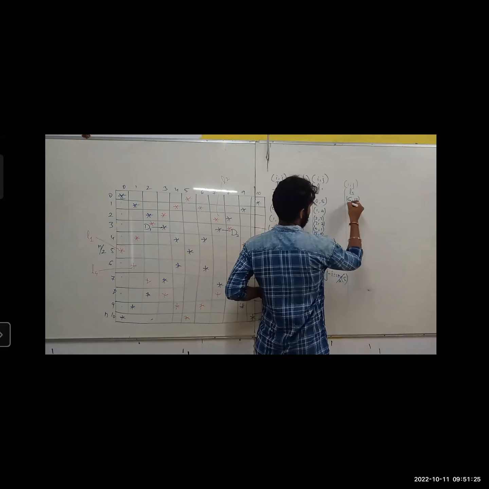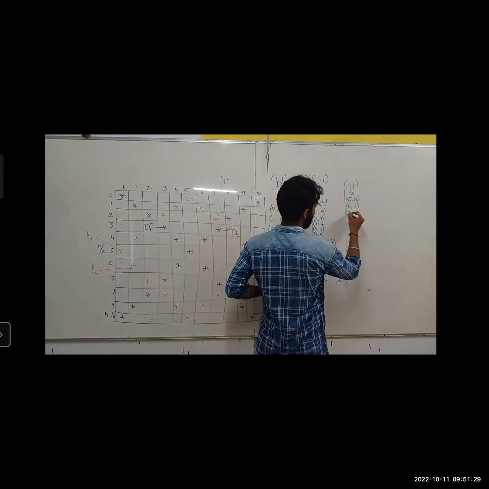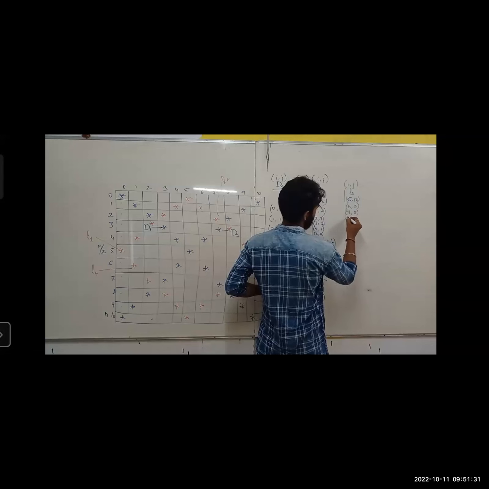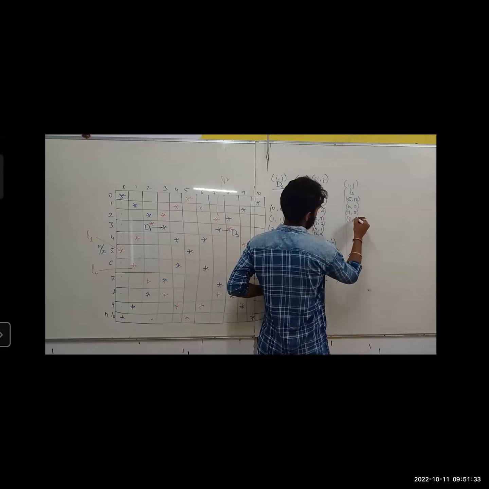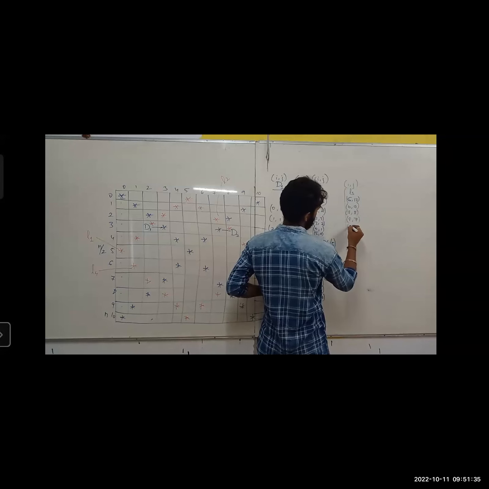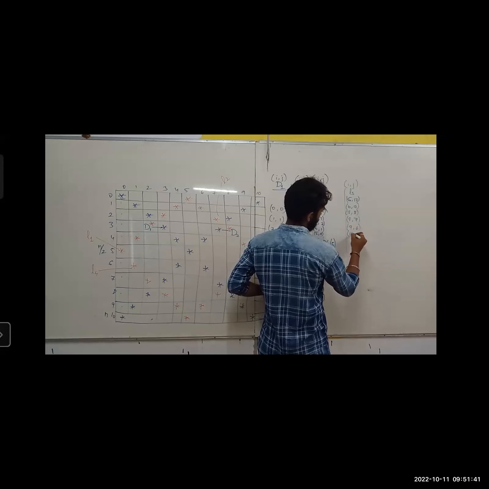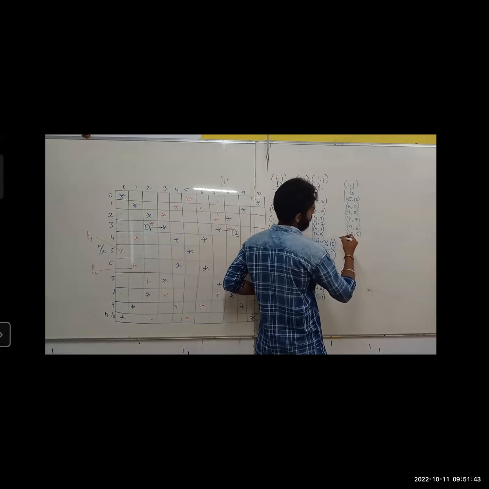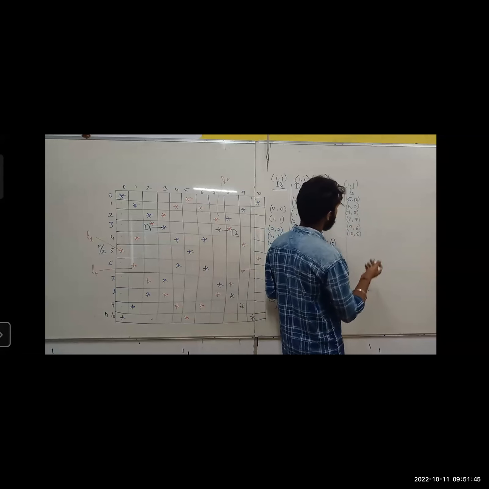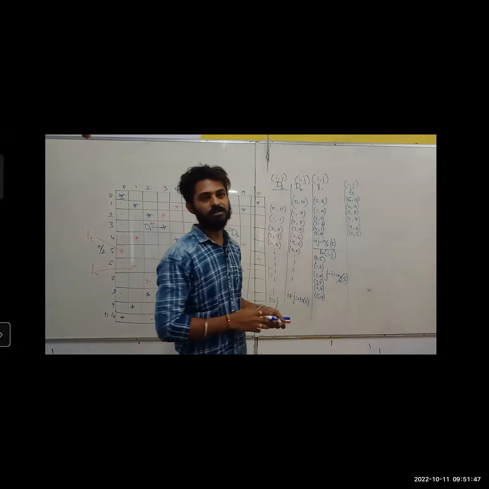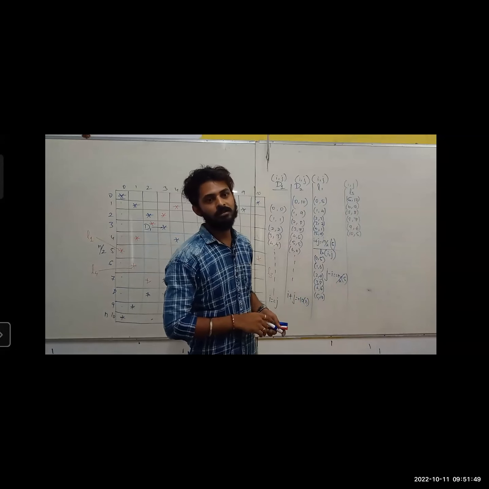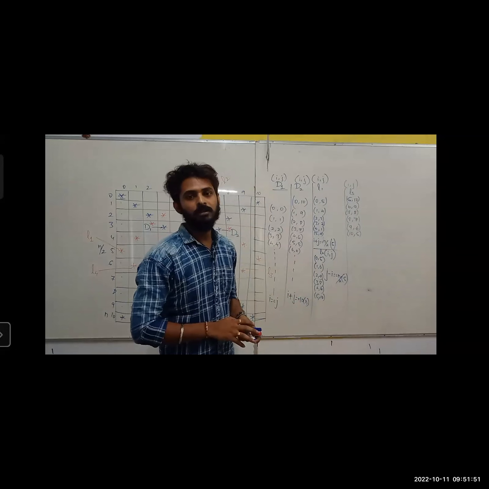6, 9. The remaining part I will write. 9 comma 6. By looking at that, we can say what it is: i plus j is equal to n plus n by 2.